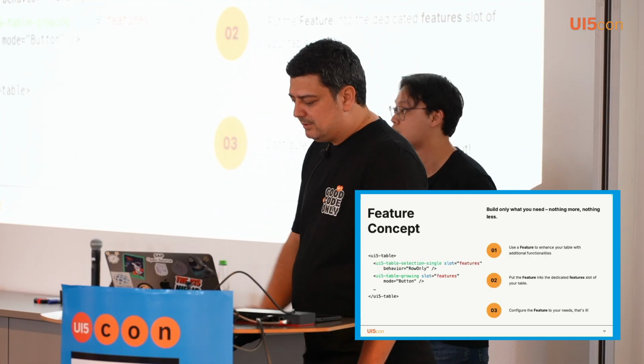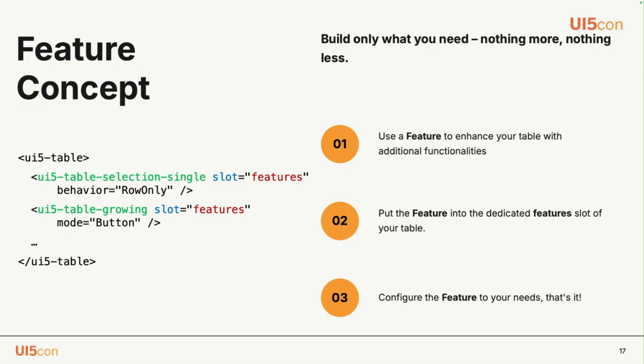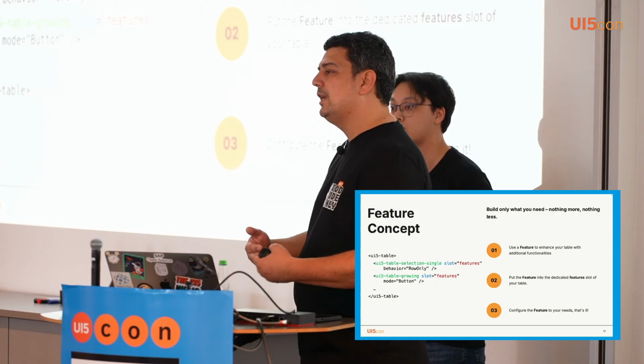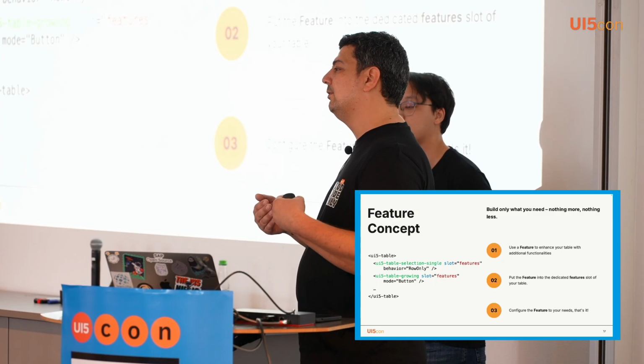For example, the selection component that you see on the left-hand side. If you look at the feature slot, these are the features that you can add to the table, and the table is aware of the selection. If you need a selection, you add it as a feature. If you need a growing feature, you can add this as a slot, or maybe virtualization, and in this case you can use it like a grid table.